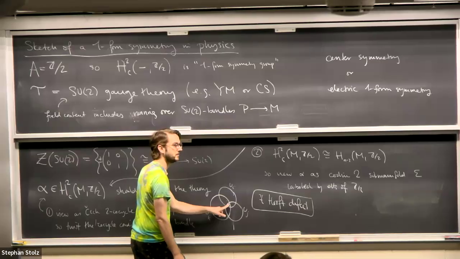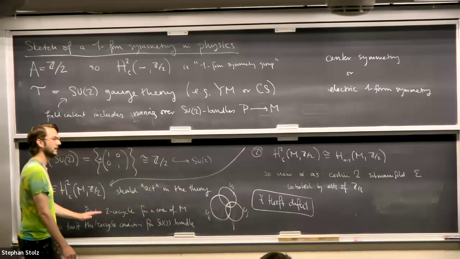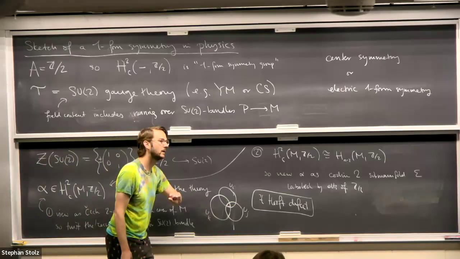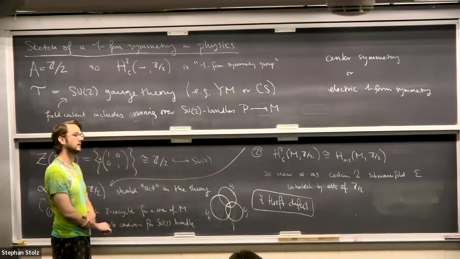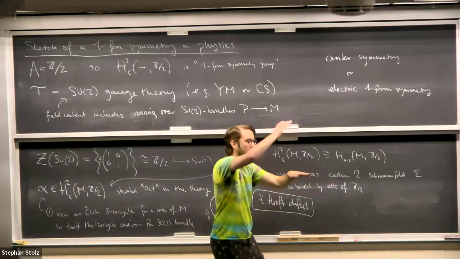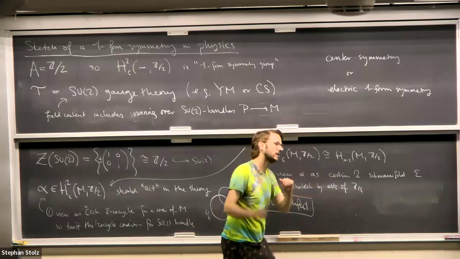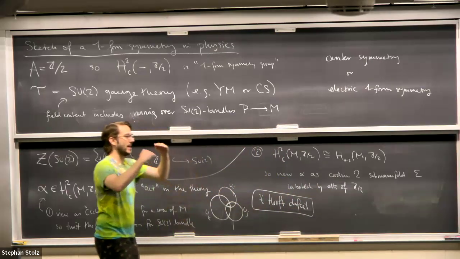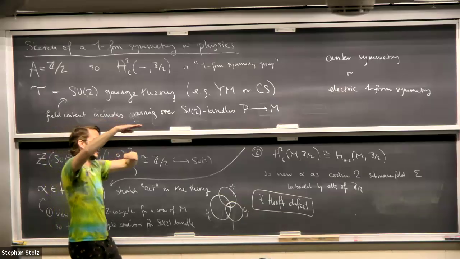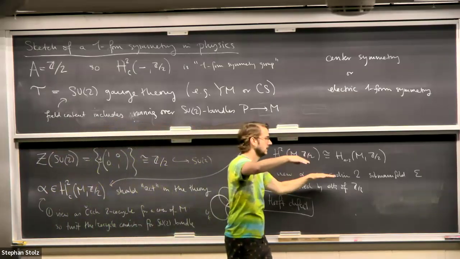Instead I'm saying it has to equal alpha on the triple overlap. So we should get some twisted bundle. It's not an SU2 bundle; it looks like an SU2 bundle, except it jumps across these submanifolds. Gluing them together gets a disorder operator that jumps in this kind of discrete way.